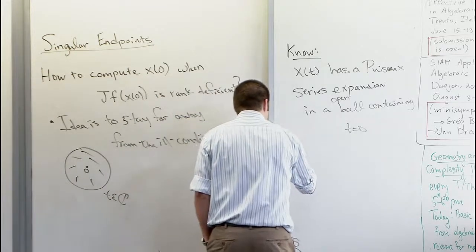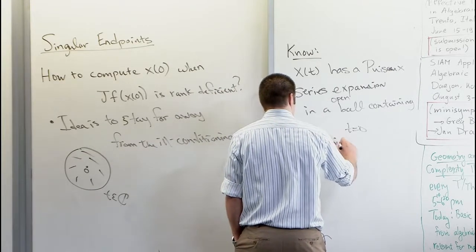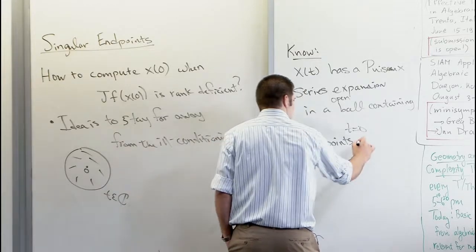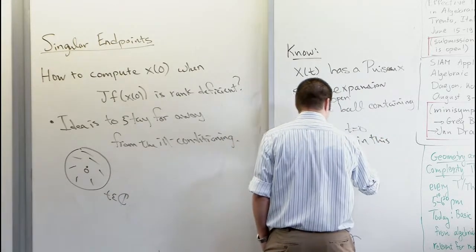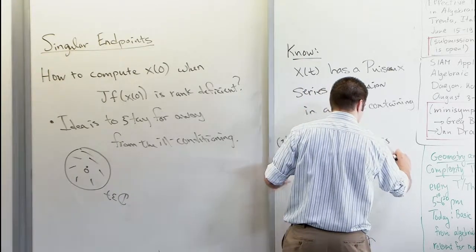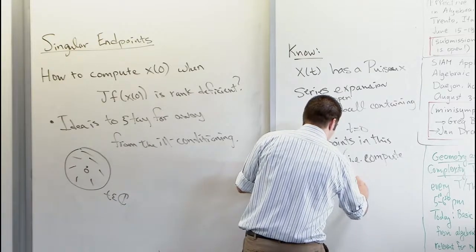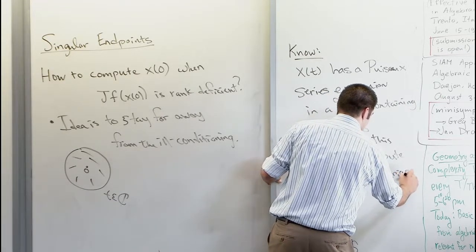So one option is to pick points in this ball, i.e. compute x of t_i for various i.